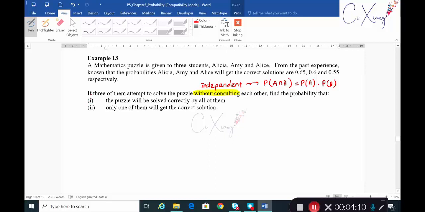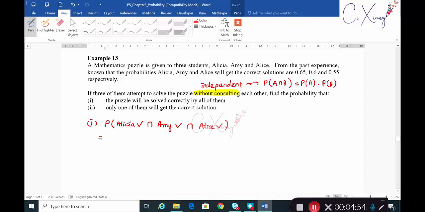Okay, so first, they talk about the puzzle being solved correctly by all of them. If the puzzle is solved correctly by all of them, that means Alicia answers the puzzle correctly, intersect with Amy answers correctly, and intersect with Alice answers correctly. Since I know that all these are independent events, I can straight away find the probability by multiplying the probabilities of each of them answering correctly.